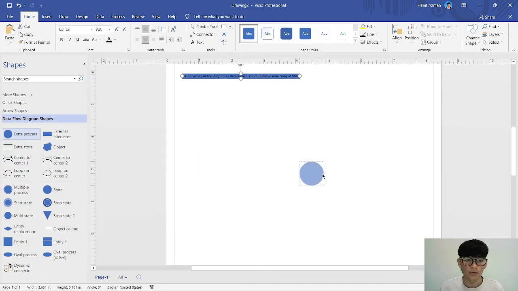First, I will draw a circle in the middle. This circle means the transformation process, the process that transforms data from input to output, and I will write here S&S accounts payable.